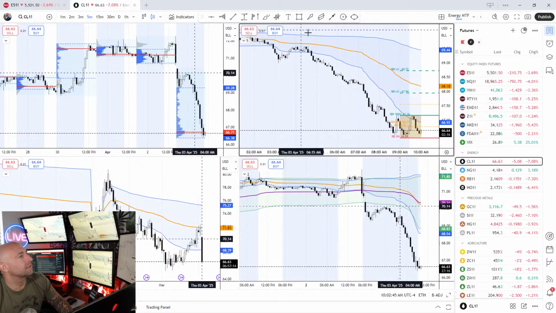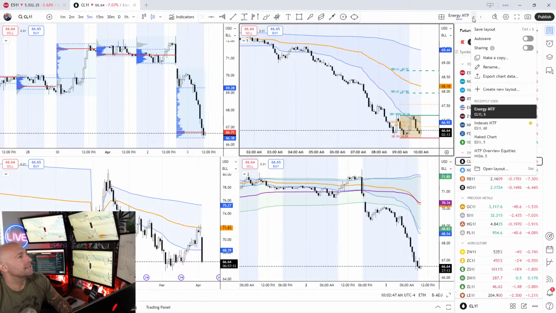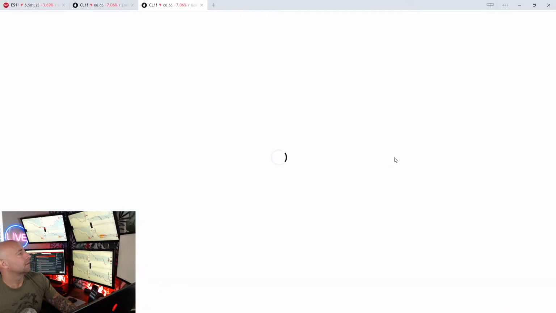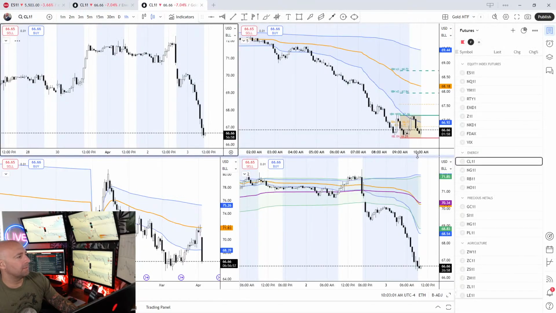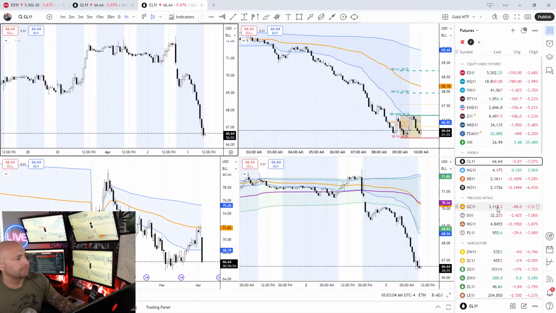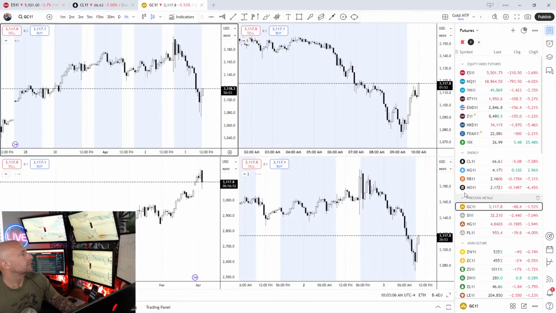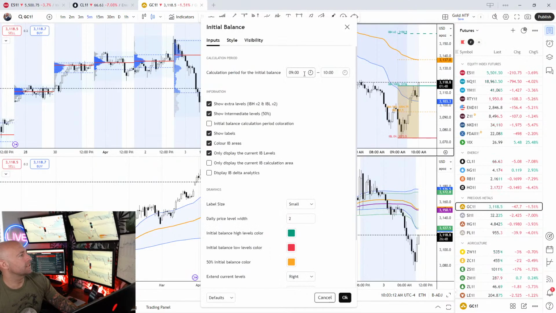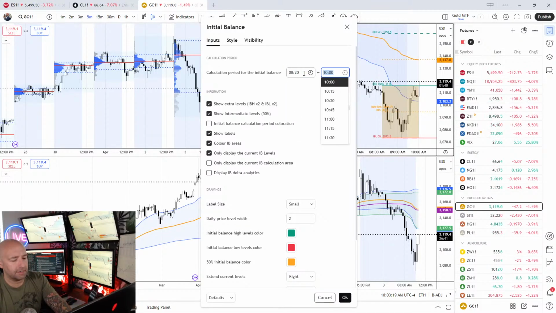So what I'm going to do is copy this, make a copy, call it gold, multi-time frame gold. Gold gets its own one because it opens at 8:20. Let's use this. This is my initial balance indicator. 8:20 to 9:20.